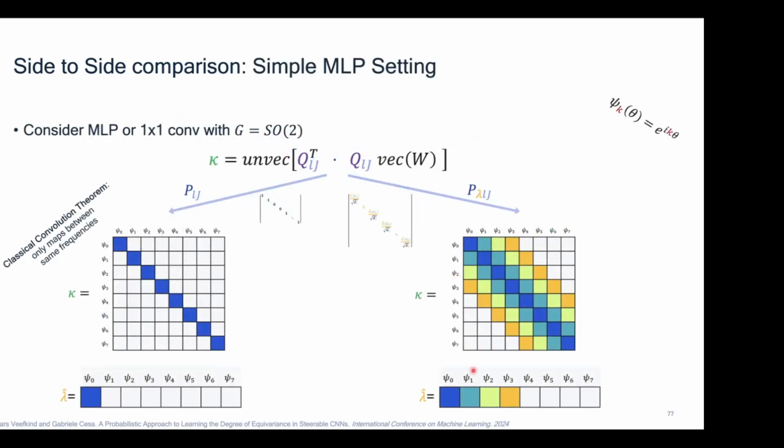But when we actually learn the distribution, so we don't only have the frequency 0 but we have some higher frequencies, we can now use these higher frequencies to map different input and output frequencies which differ by that specific number. For example, if we learn a probability which has a frequency 3 component, now we can actually map an input frequency 3 to an output frequency 0.